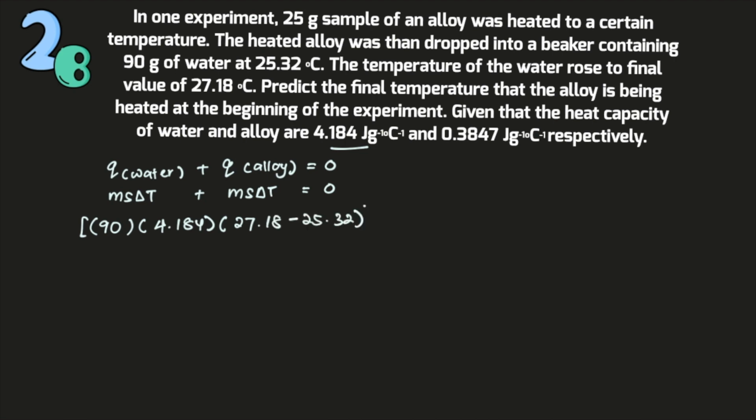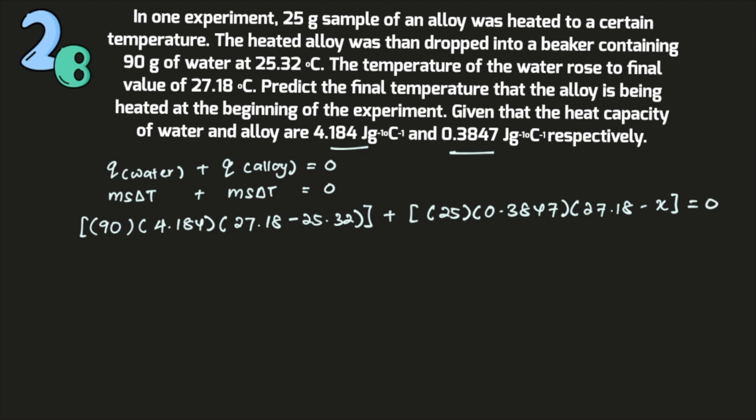Please remember the change of temperature is always final minus initial. Plus, for the alloy, the mass is 25 grams and s is 0.3847, times the final temperature, 27.18 because we assume it is at equilibrium, minus X, the initial temperature that we didn't know.